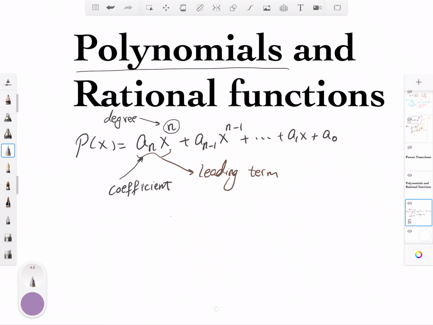And this is the leading coefficient. And if you write it from the highest degree to lower degrees and no degree at the end, this will be the standard form.